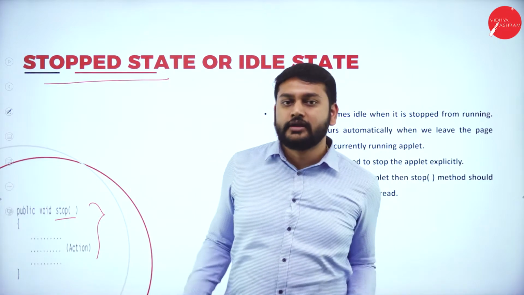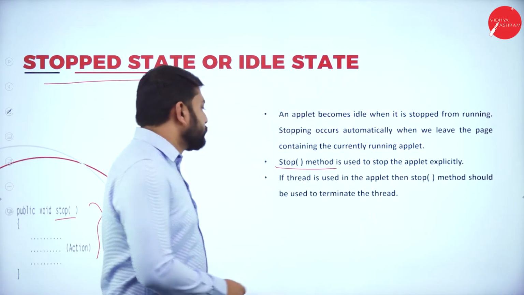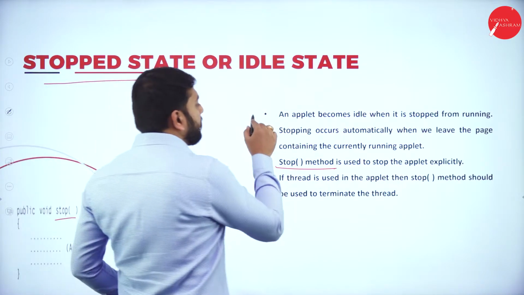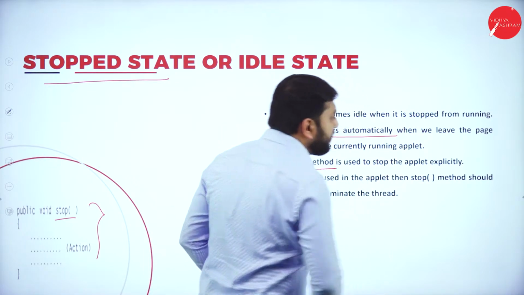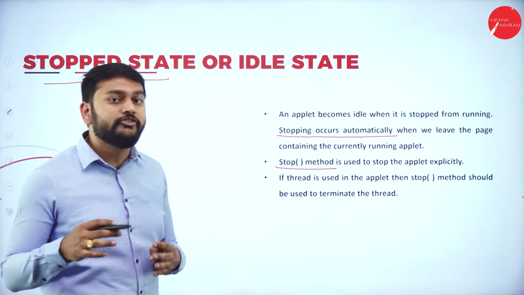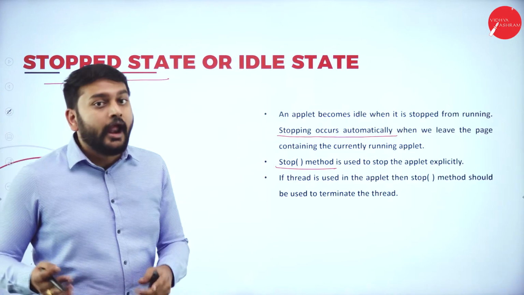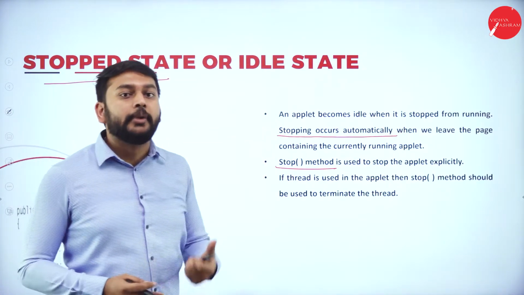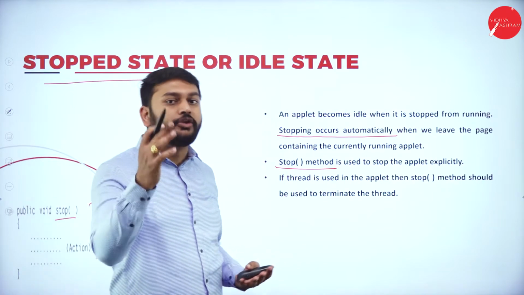So you can define it, is what I would like to tell you. So fine, an applet becomes idle when it is stopped from running. Stop occurs automatically when you leave the page. So that is one thing. And also explicitly you can stop the applet by calling the method called stop. That is what you need to remember.